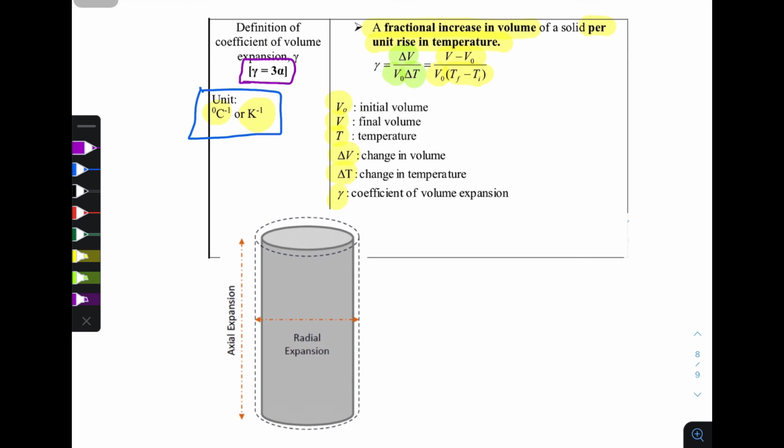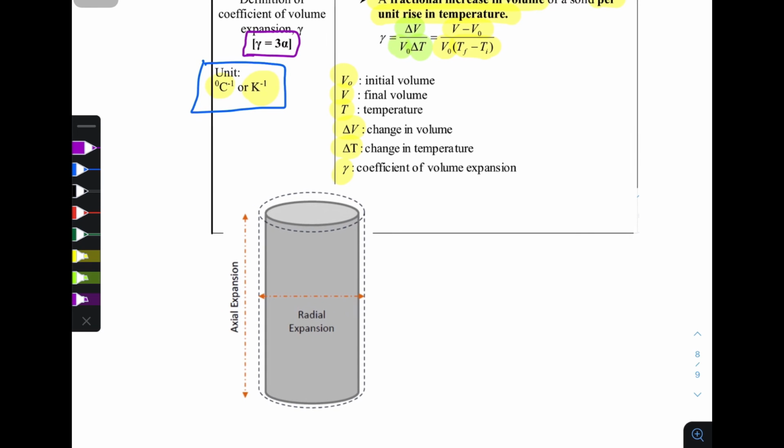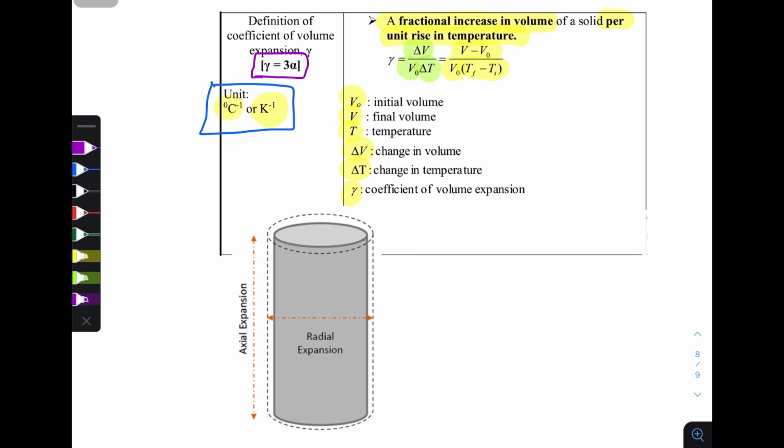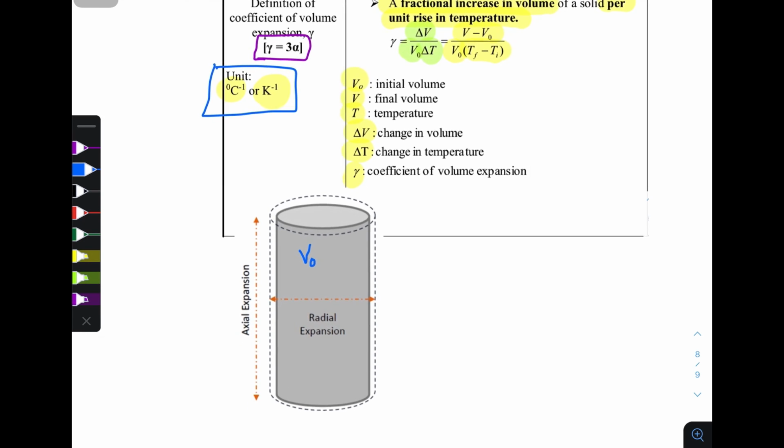Class, to make it clear, here I have an example. I have a solid, a cylinder. For the cylinder I have the original or initial volume. The grey color is the initial volume. So what will happen?